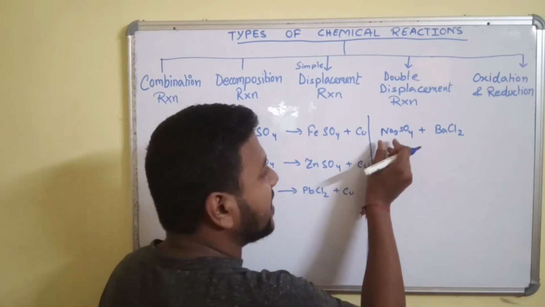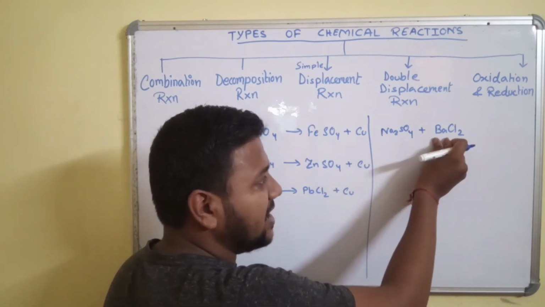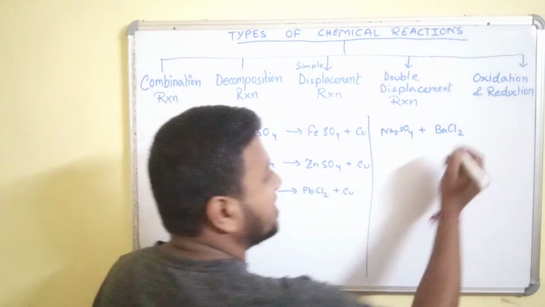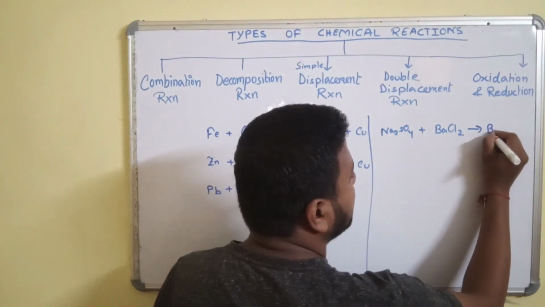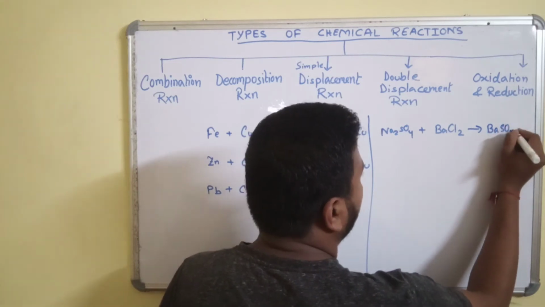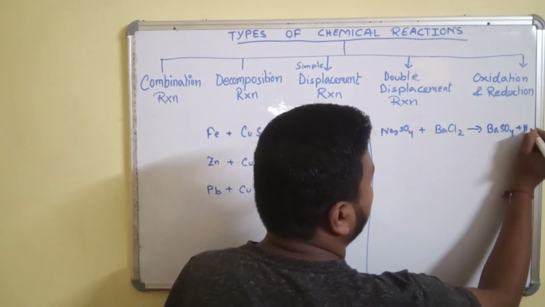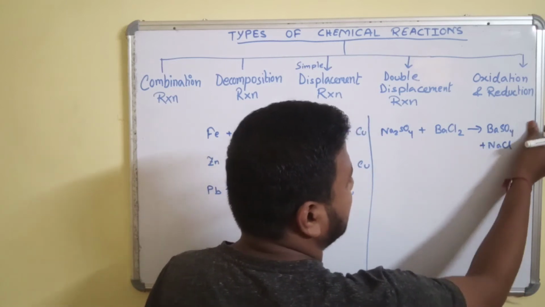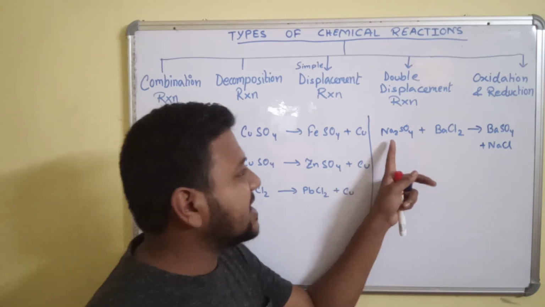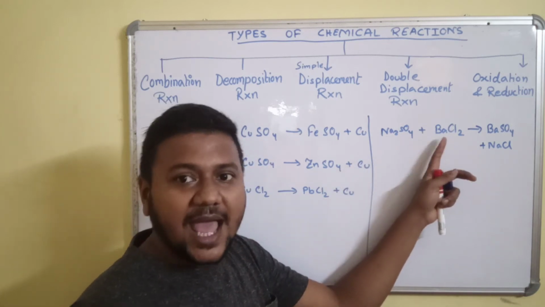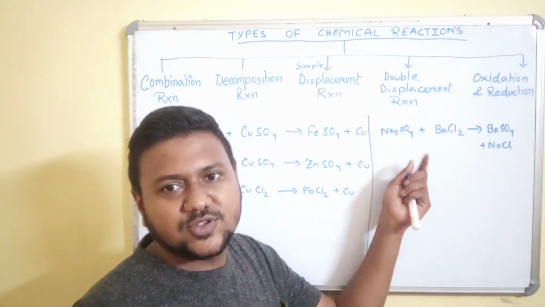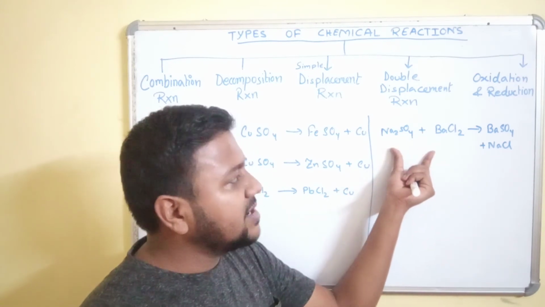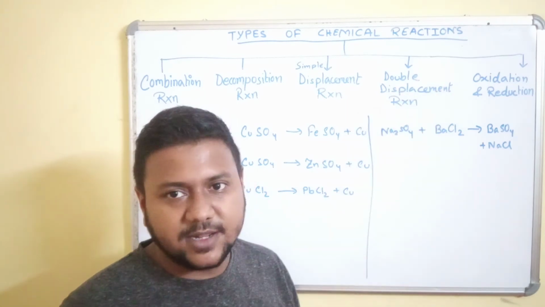What we will observe is that Na will displace Ba and Ba will displace Na. They displace each other, resulting in the formation of BaSO4 plus NaCl. Here Na is displacing Ba and Ba is displacing Na, so they are displacing each other. This kind of reaction is called a double displacement reaction.